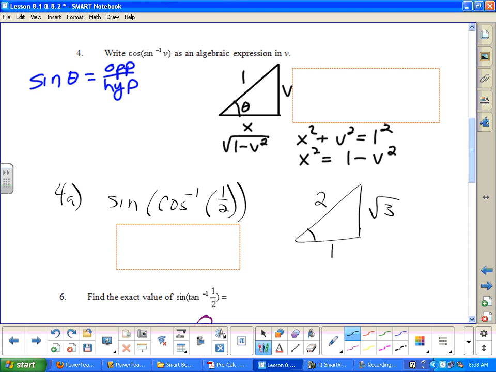Can you have a negative distance? No. Okay, so this is just a positive number. So then to find cosine of this angle, cosine is adjacent over hypotenuse. So that equals the square root of 1 minus v squared over 1. Or just the square root of 1 minus v squared.